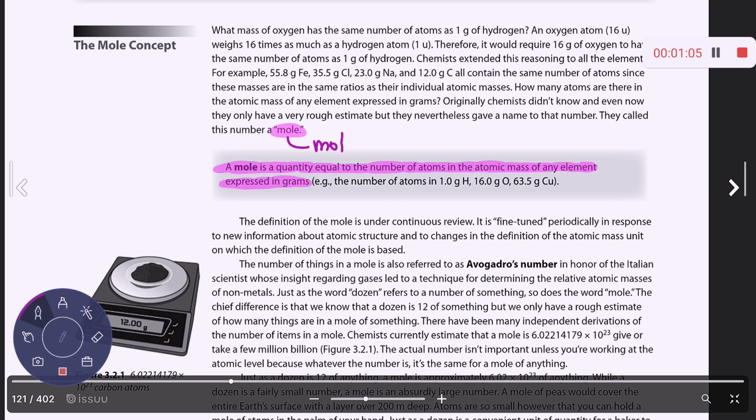So what that means is when you look at the periodic table at hydrogen, which is 1.01, in 1 mole of hydrogen, this would be equal to 1.01 grams of hydrogen. So I could use this to convert between grams and moles if needed. Same thing goes for oxygen.